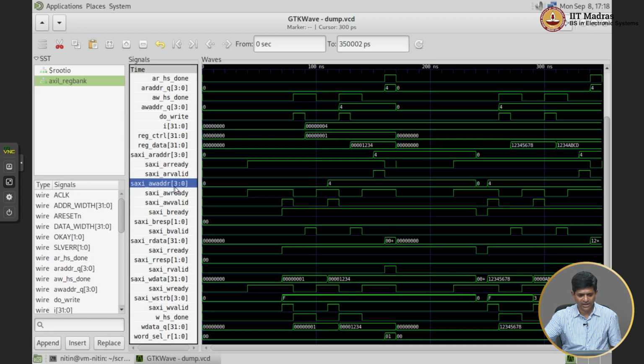These three values essentially constitute a handshake that happens out here. Similarly, there is the write data, write valid, write ready, which constitutes another handshake. There is the B response which happens after that. Each and every one of those can be systematically followed in this waveform, and you can see how those different combinations work.